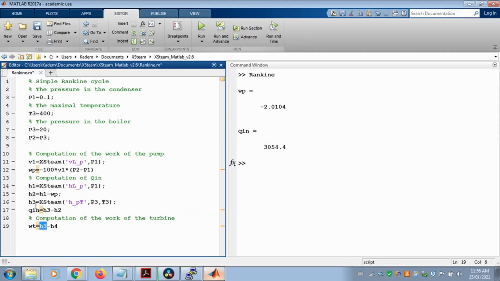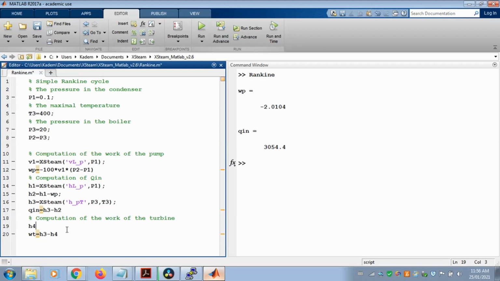Yes, we do. It's right here, okay? So now the game is to get H4. But to get H4, since the process is isentropic, we need to calculate first the entropy at state 3, stating then that S4 is equal to S3, and then we can use the enthalpy knowing the pressure, 10 kilopascals, and the entropy, S4 is equal to S3.